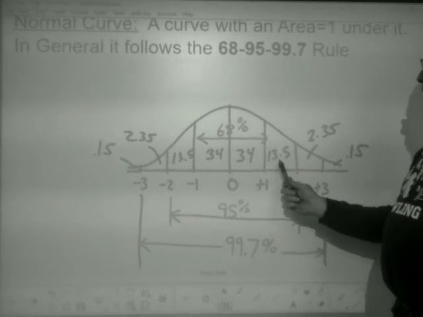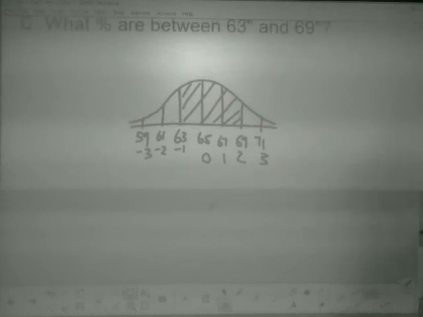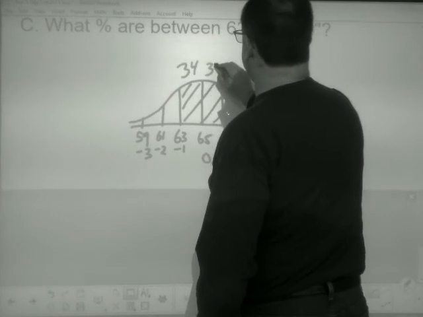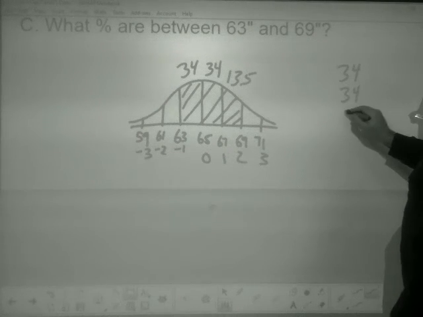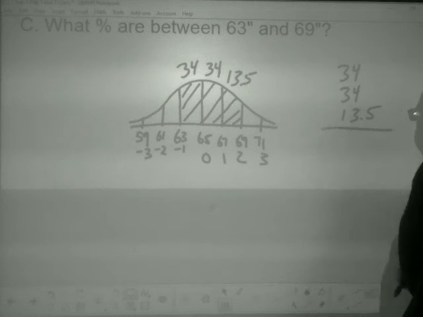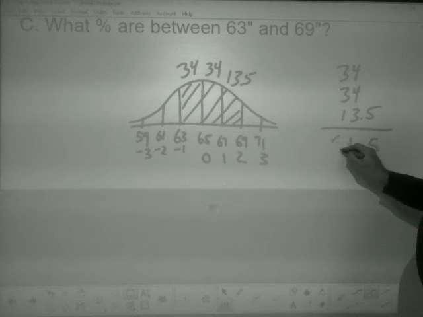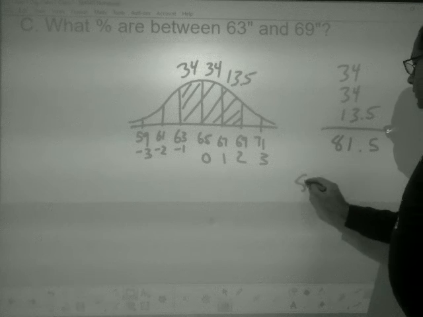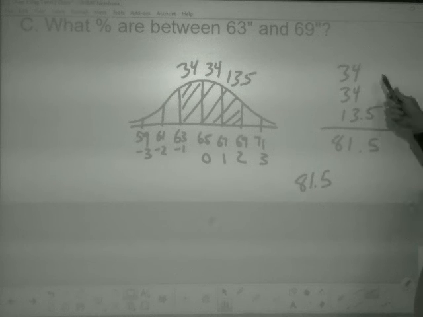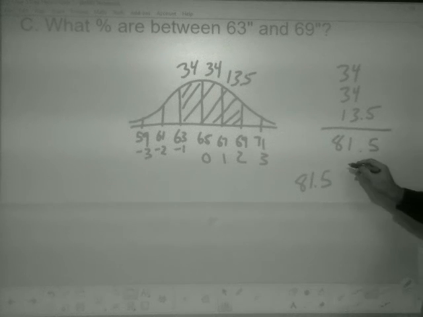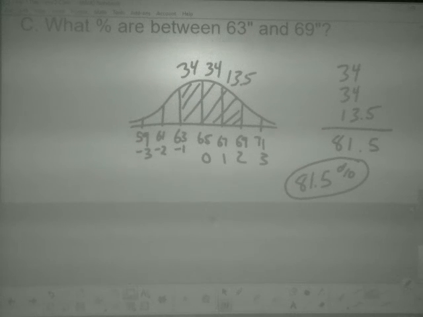So that's 34, 34, and 13.5. Add these up: 68, 78, 81.5%. 81.5% are between those two.